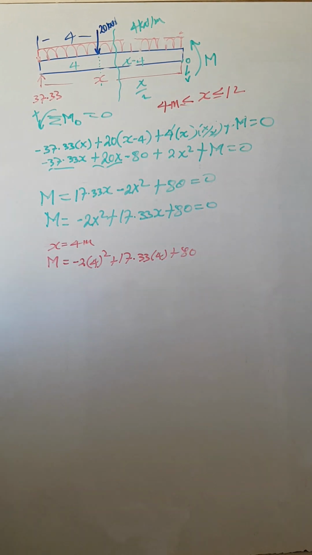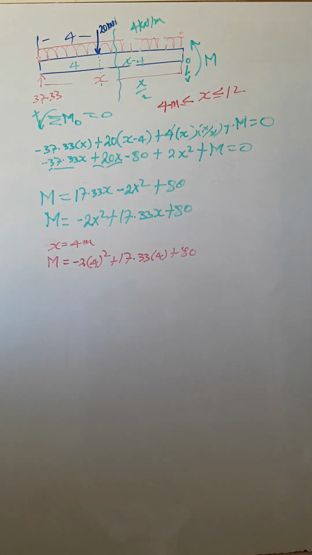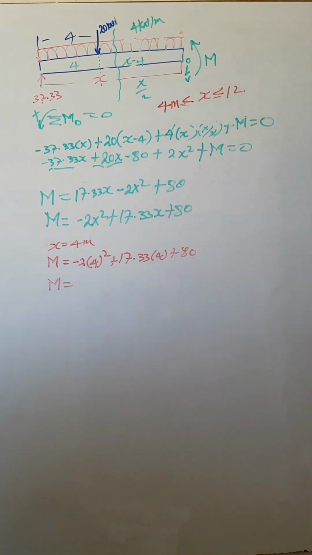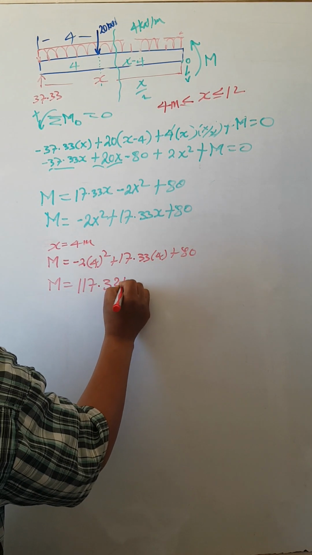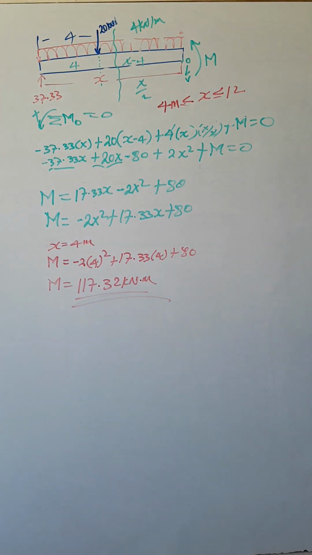This is not 0, it has shifted. So this is going to be the moment we first found, 117.32 kilonewton meter. If you remember, in the previous section it was 0 at 0 and 117.32 kilonewton at 4 meter.